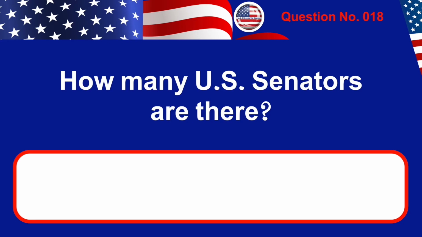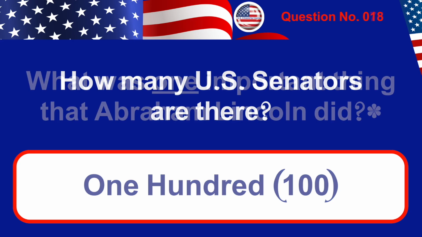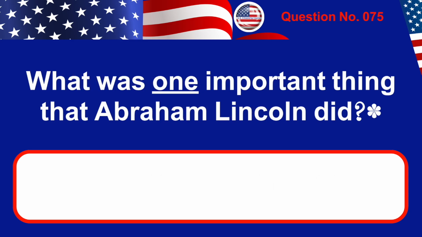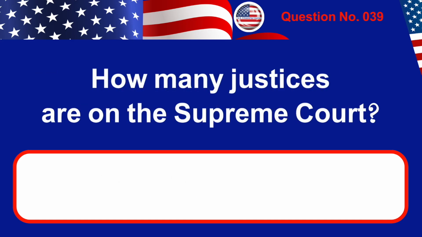How many U.S. senators are there? 100. What was one important thing that Abraham Lincoln did? Freed the slaves. How many justices are on the Supreme Court? 9.